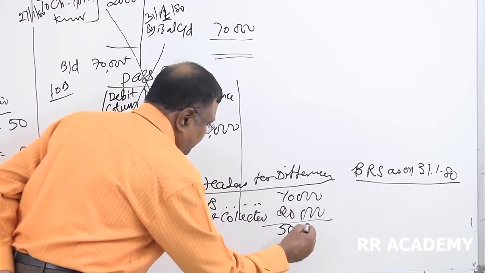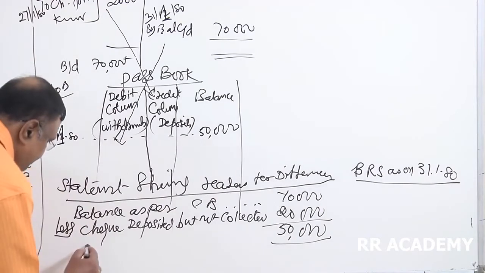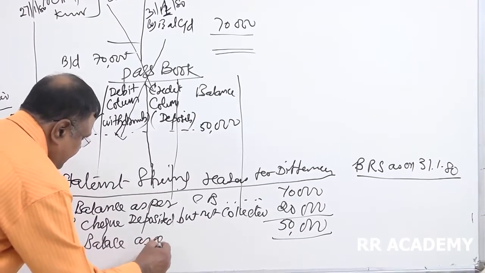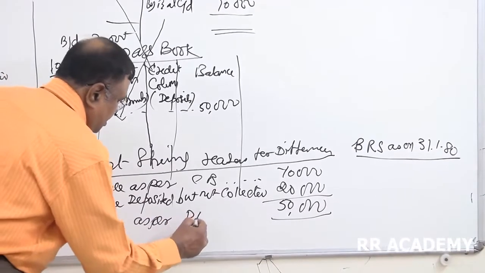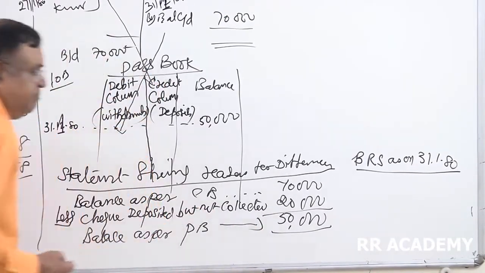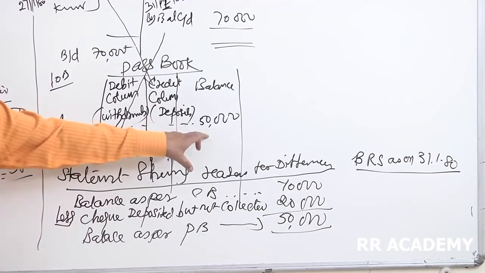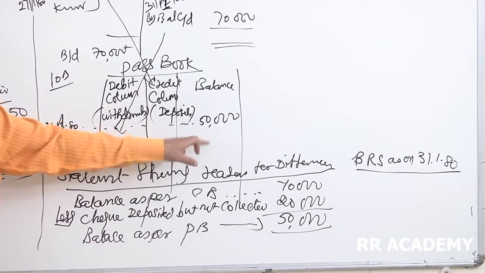Therefore, 50,000, balance as per passbook 50,000. Sir, you issue a check up to 50,000. This is the correct balance, sir.